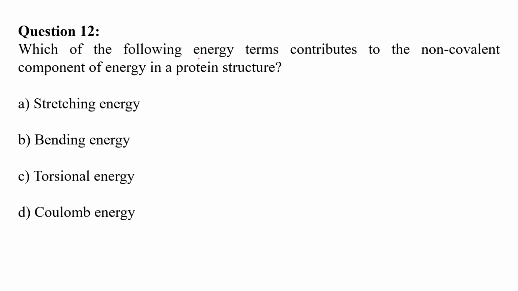So if I have covalent bond and non-covalent bond. Covalent bond basically means the bond between carbon and nitrogen or carbon and carbon. Those kinds of bonds are covalent bonds.